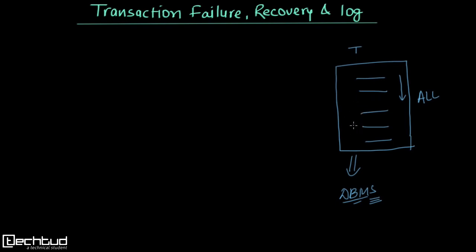As we know from the concept of atomicity, a transaction has to execute all of its operations or none of the operations. So basically the transaction will execute or it will not be executed, right? There will not be a case when half of the operations of a transaction are executed, right? So this is the basic principle.